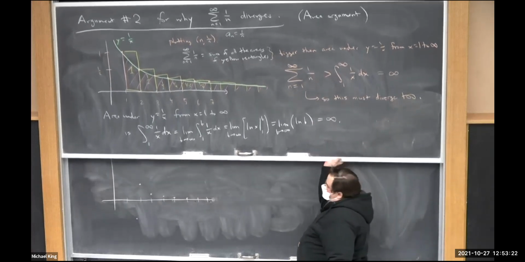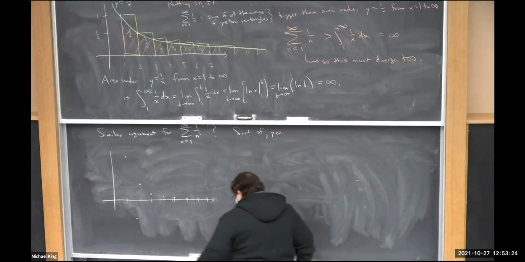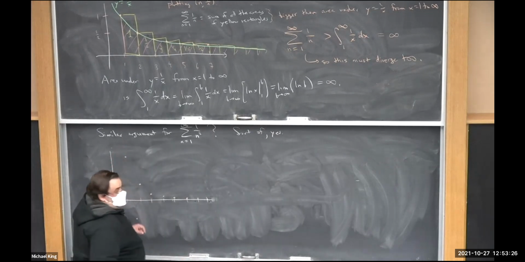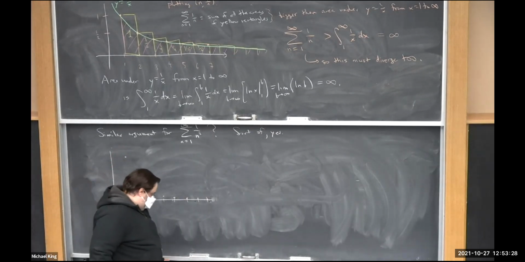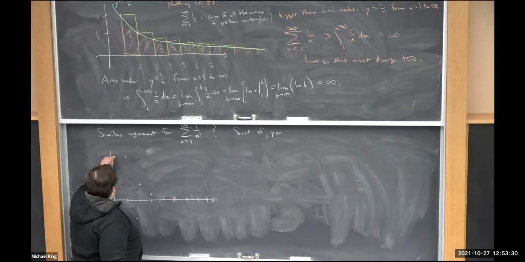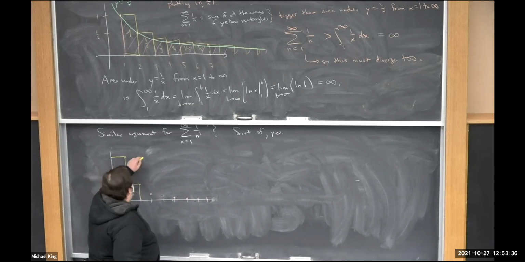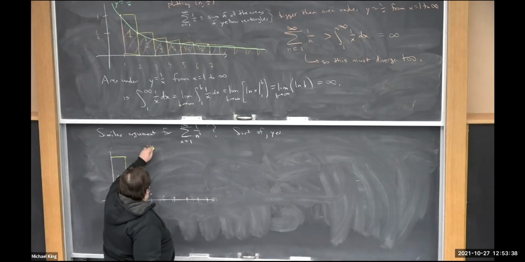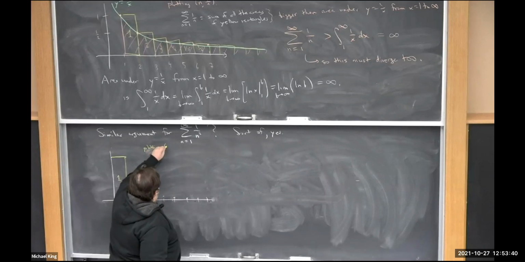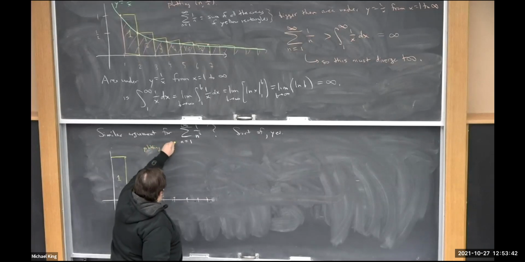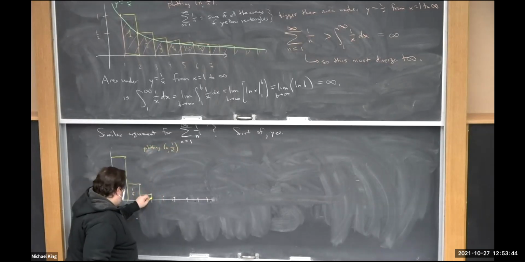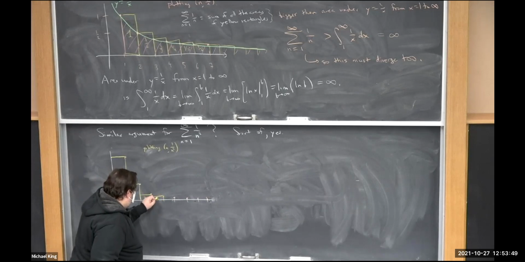And it's not so bad. In fact, I just draw them differently. It's almost like a left versus a right Riemann sum. If I draw them here instead, that has area 1, that has area 1/4. So we're plotting n comma 1 over n squared instead. This has area 1/9, 1/16, and so on.